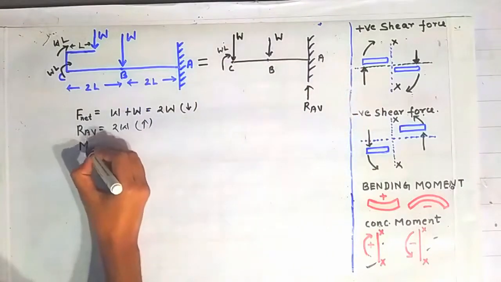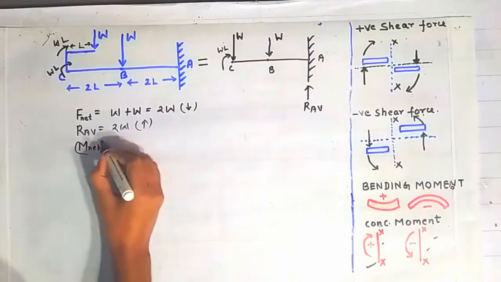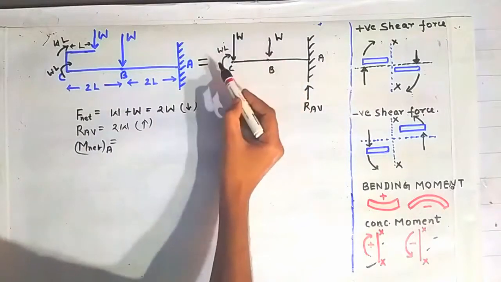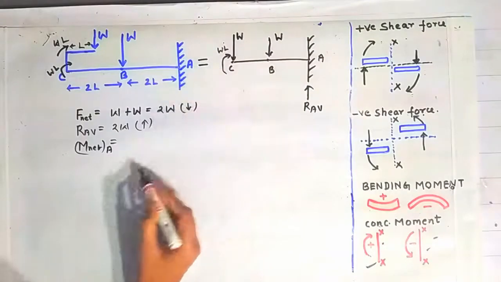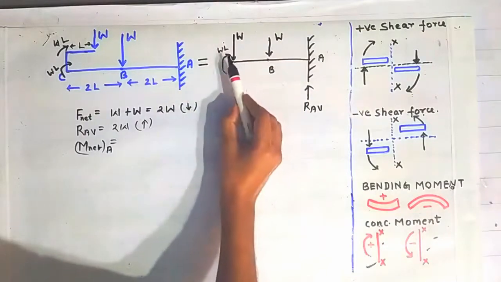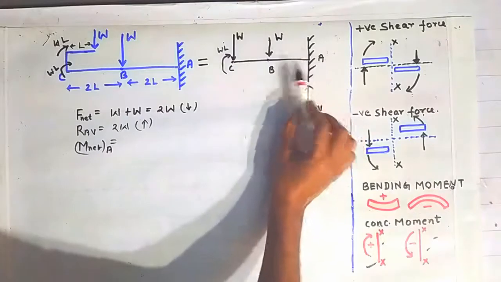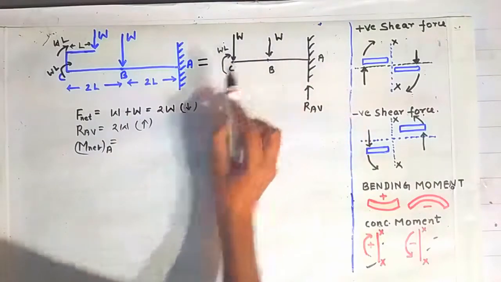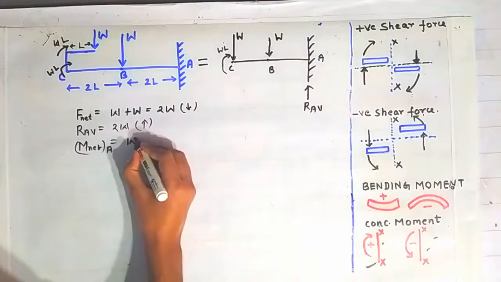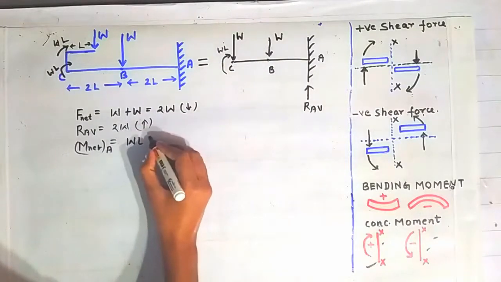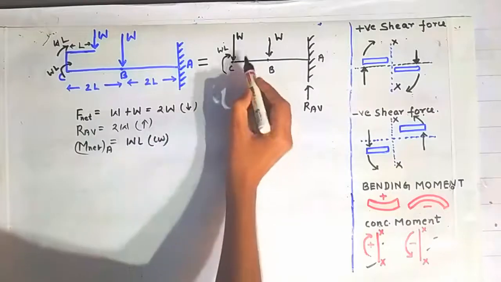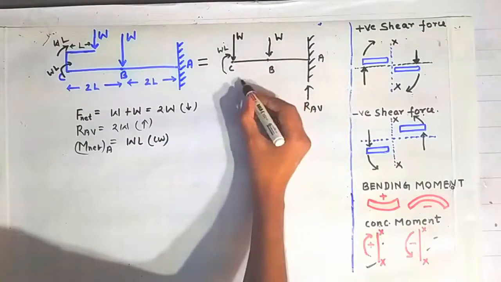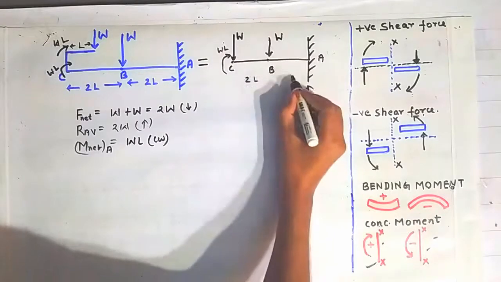Now the net moment acting at the point A we will calculate because of this force and this concentrated moment. Now because of this concentrated moment, there will be a moment of WL acting at this point A in clockwise direction. So WL will cause a moment of magnitude WL in clockwise direction. This force will produce a moment of W into this length. This is 2L and this is 2L.